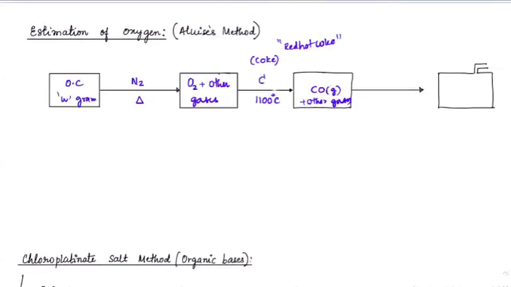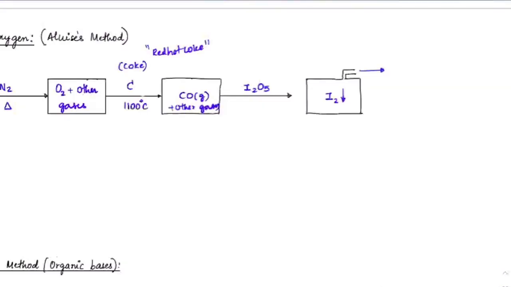That carbon monoxide gas, if you treat with I2O5, will reduce I2O5 to form I2. I2 will get precipitated, and carbon dioxide gas will come out of it, and that will be estimated as mass m1 grams.